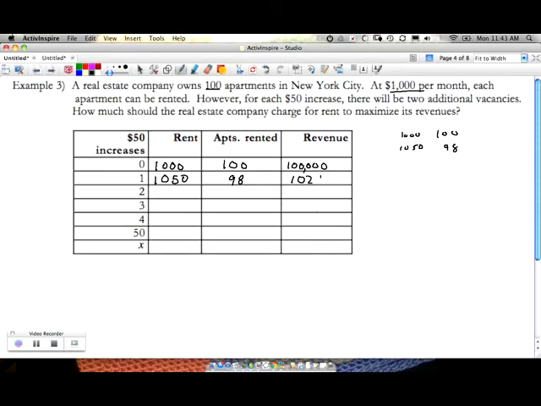It's 102,900. So this is kind of interesting. We're looking at our rent and then our apartments rented, and we multiply those, we get our revenue. So our rent times the number of apartments equals total.